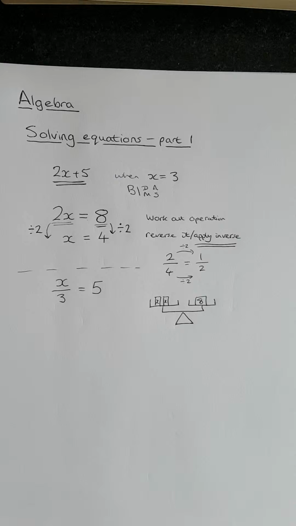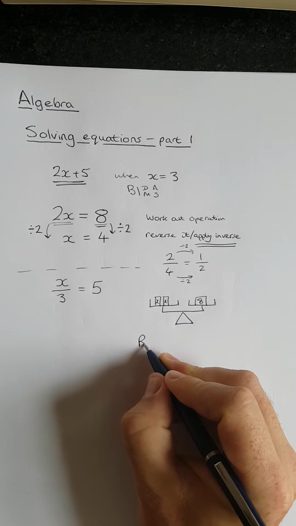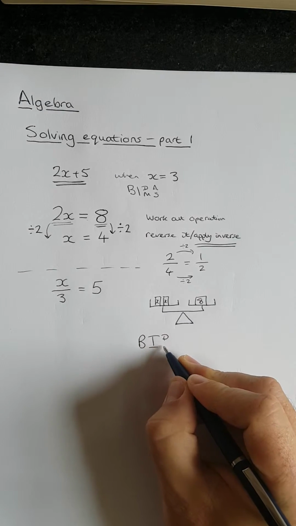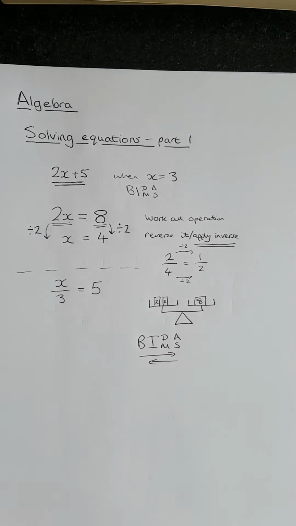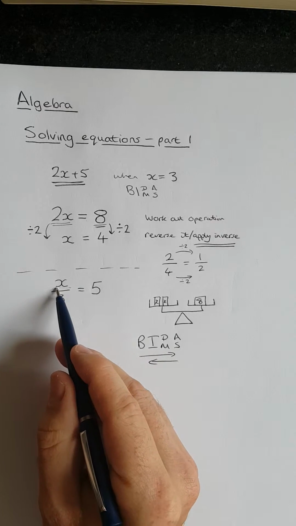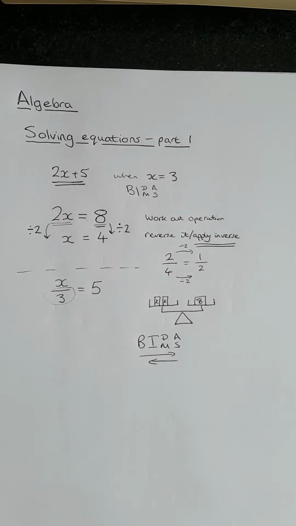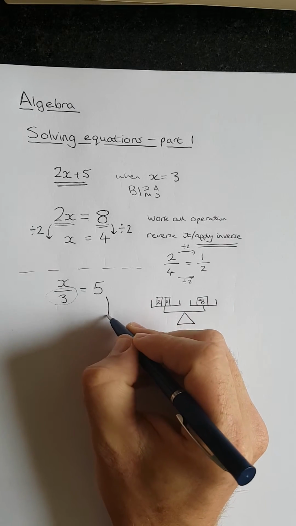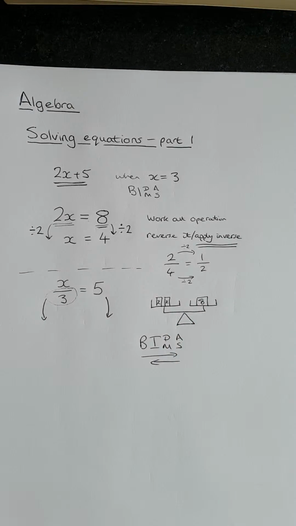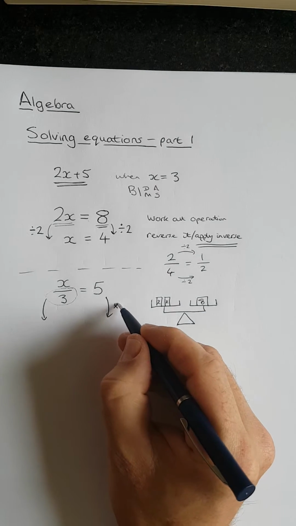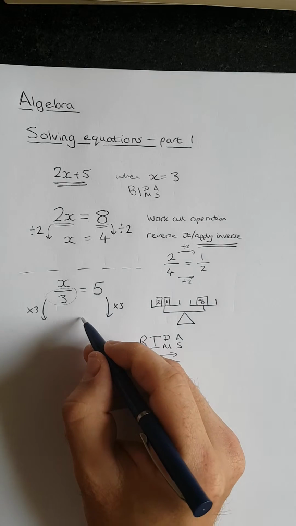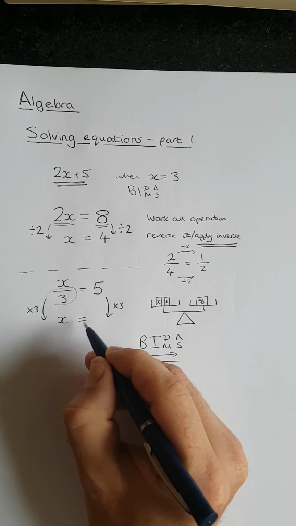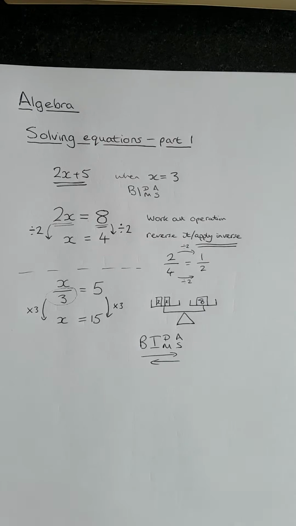So, BIDMAS is the order the operations were done in, and we're going to work backwards and reverse those operations. There's only one operation that's been applied, which is dividing by 3. So I'm going to have to do the inverse or the opposite, which is to multiply by 3. That takes me to x being 15.